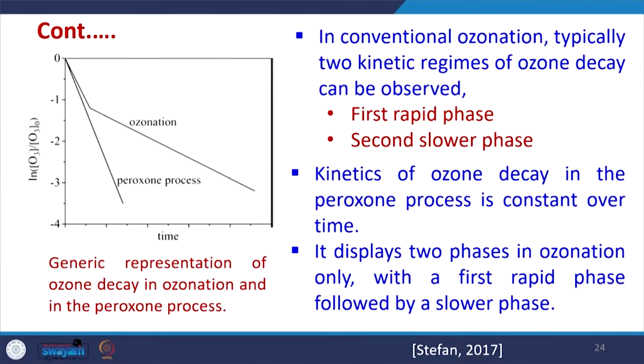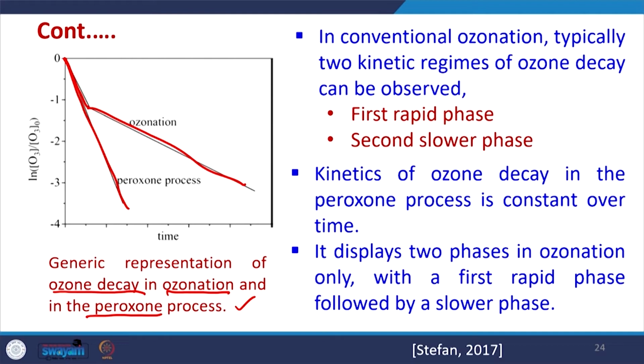In conventional ozonation, typically two kinetic regimes of ozone decay are observed. So, if we are utilizing ozone, how does the ozone decrease? The representation of ozone decay in ozonation as well as the peroxone process is given here. In conventional ozonation there will be a first rapid step, then a slower second step, whereas in the peroxone process there will be a single step degradation only.